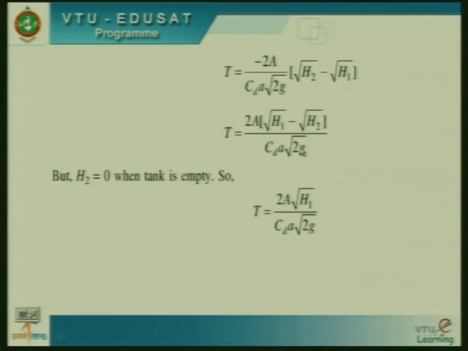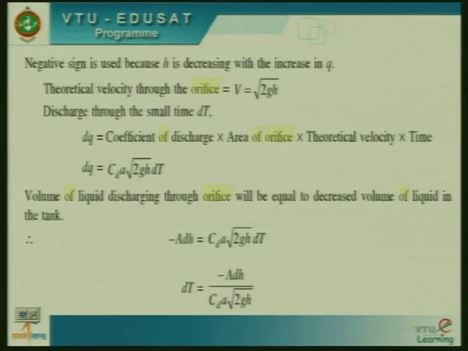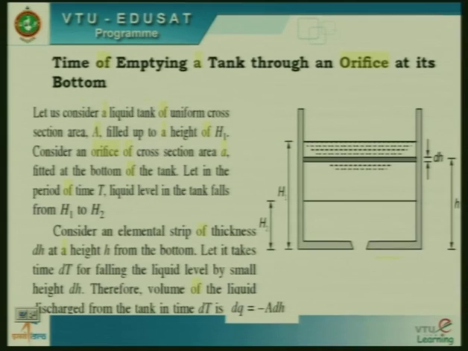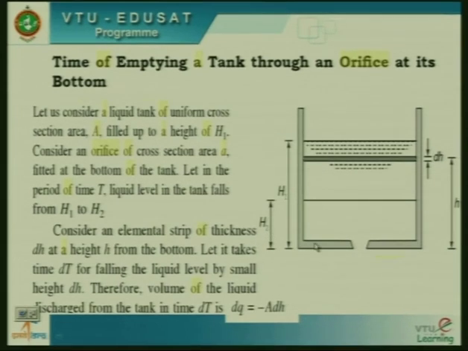Now, in this case, remember, we will go back to the figure. If you look at this, my depth falls from h1 to h2. Suppose I allow this water to fall further or empty the tank totally, what is the value of h2? My h2 is equal to 0.